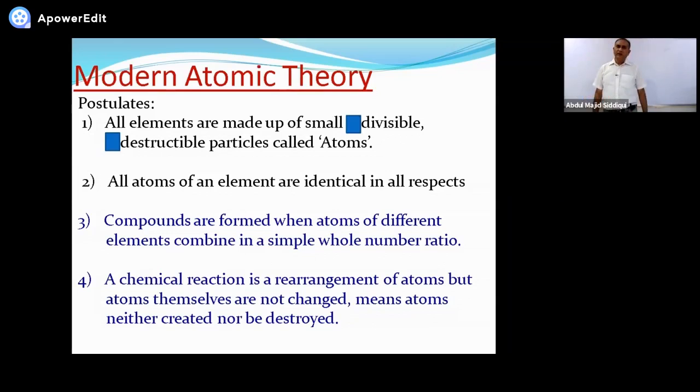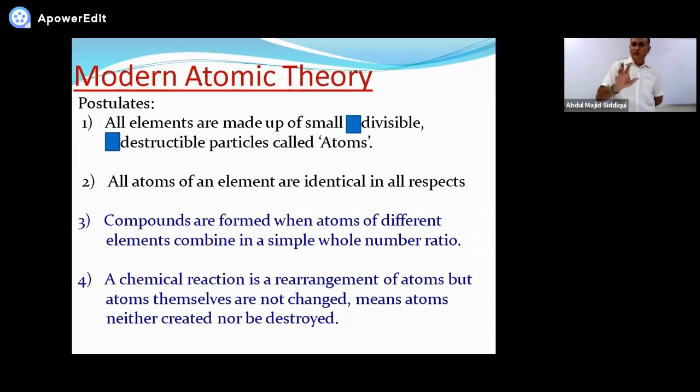And during reactions, atoms may be destroyed under special conditions, like in nuclear bombs, nuclear reactions, and radioactivity. Radioactivity, I told you, is a natural process in which certain elements continuously produce what? Rays. You see, they always give a certain kind of radiation. So in any case, atoms are being destroyed in such phenomena.